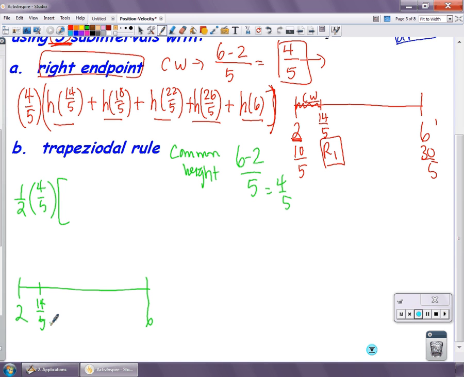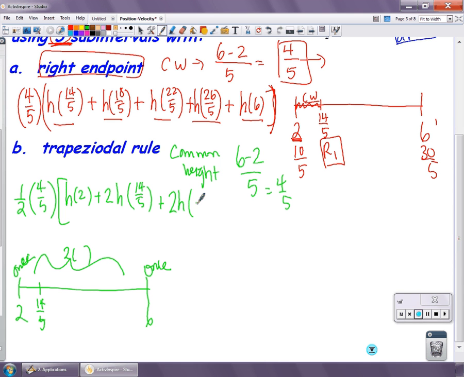The first endpoint is used once, the last endpoint is used once, and all of the intermediate values are used twice. We've talked about that before with trapezoids. So the first base will be h of 2 plus 2 times h of 14/5 plus 2 times h of 18/5. Let me erase so I have some space here.